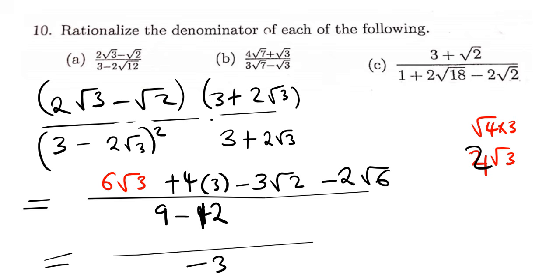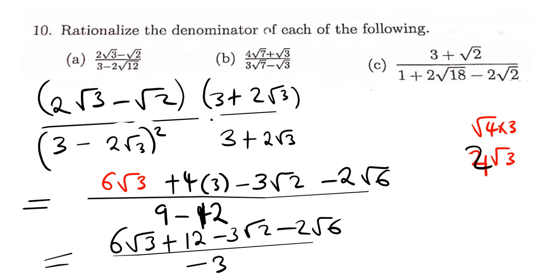Then what do we now do from here? We're just supposed to simplify what we now have on top. We've got 6 root 3 plus 4 multiplied by 3, that is 12, minus 3 root 2 minus 2 root 6.